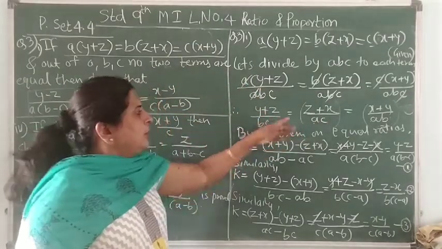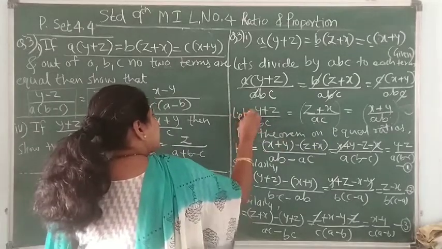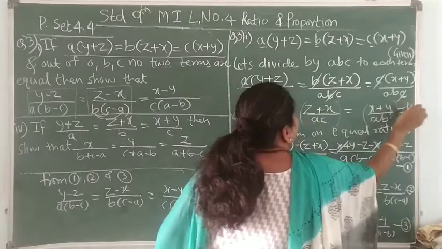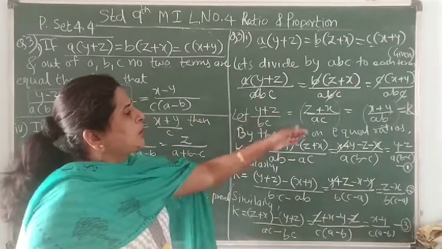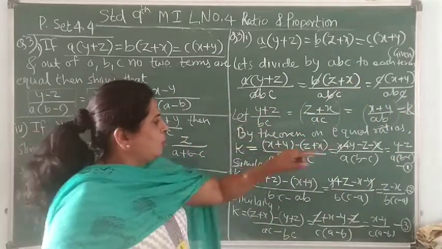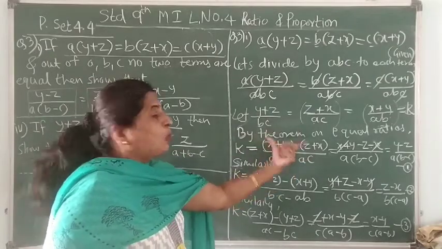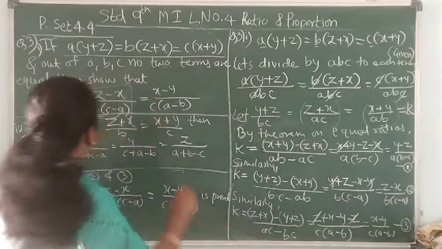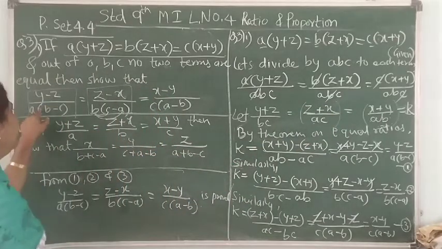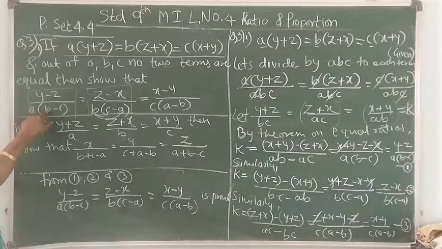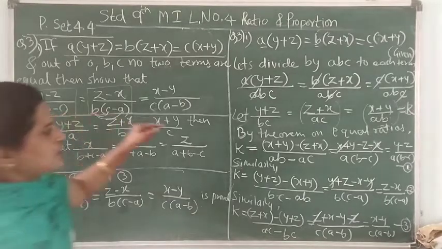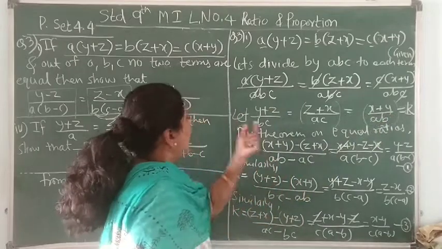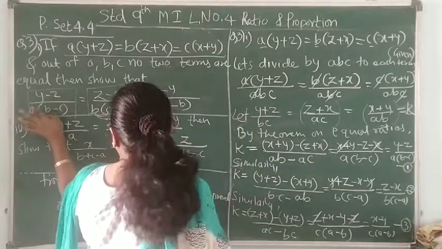Now, as in the previous sums, you can say let all these ratios equal k, and then by theorem on equal ratios, k is going to be equal to. Here we have to see what operation and which ratios we have to use. For that we observe that in the denominator is AB and minus AC. That's why we took this first ratio as AB, and then minus we have taken this AC.